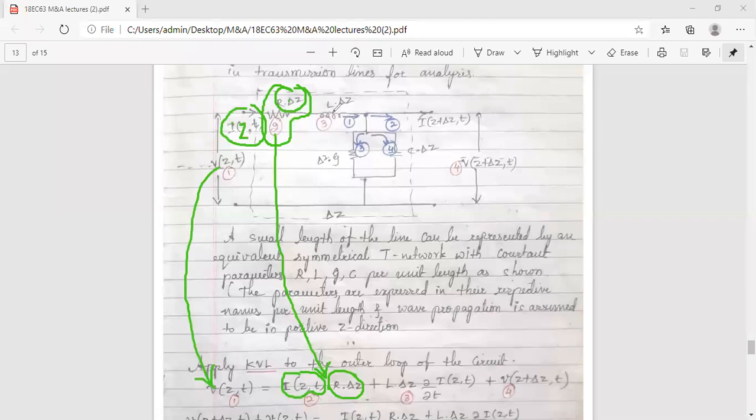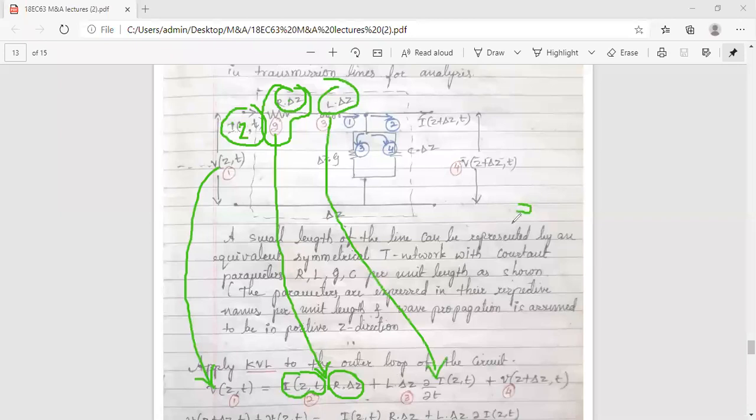inductor. For inductor, current value is I of Z comma T, and the parameter is L into delta of Z. So how will I write?